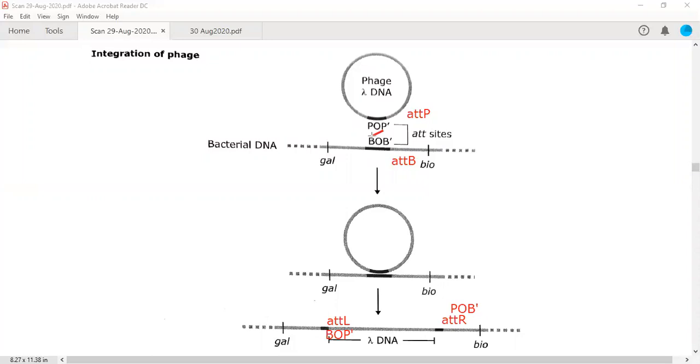Because there is homologous recombination between these two, it will make BOP' and POB'. So after integration, they will be written like this. I hope this is clear. If not, please ask me so that I can revise it again. Otherwise, I will move further.